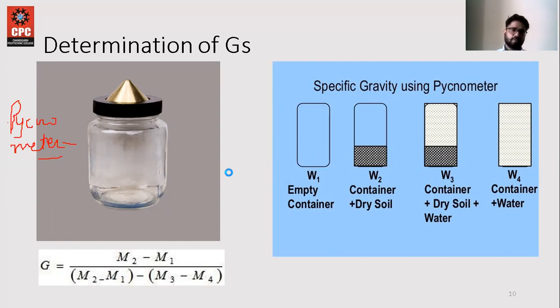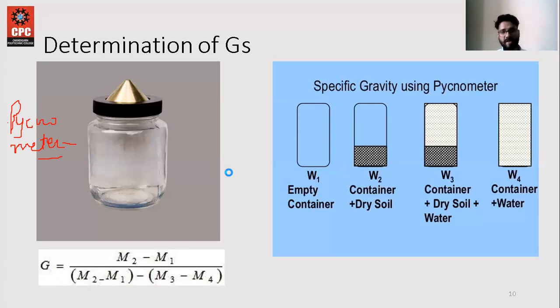So you can see this apparatus. This is known as the pycnometer. This is a glass jar of 1 liter capacity that is fitted at its top by a conical cap made of brass, and it has a screw type cover as shown in this figure.